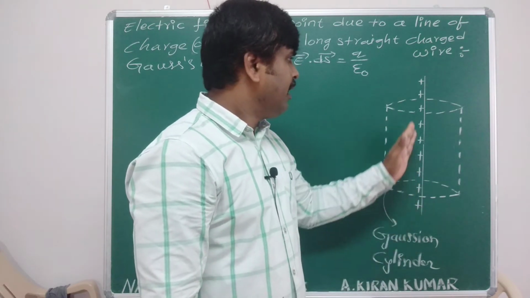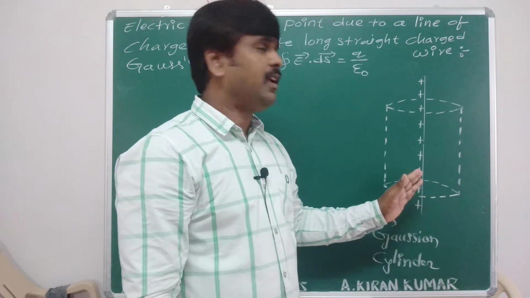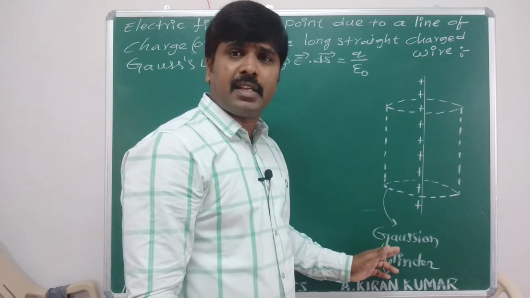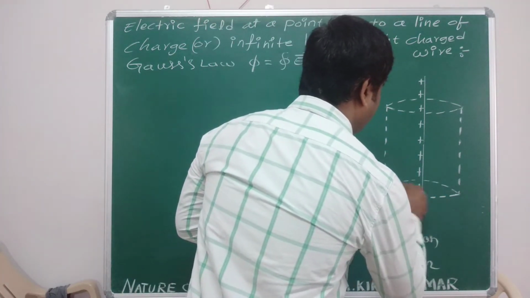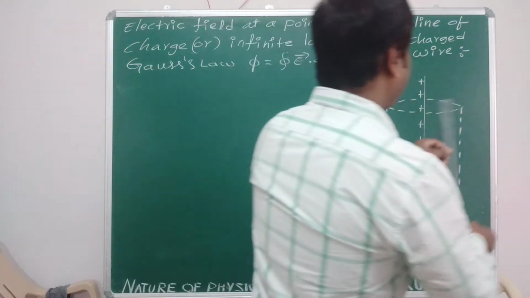See, this is the linear substance. For this, uniformly positive charge is there, and electric field intensity we can find with the help of assuming a Gaussian cylinder. Here r is the radius of the cylinder, small r, and L is the length of the cylinder.